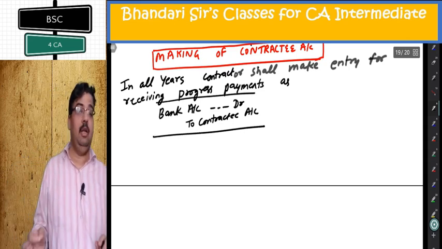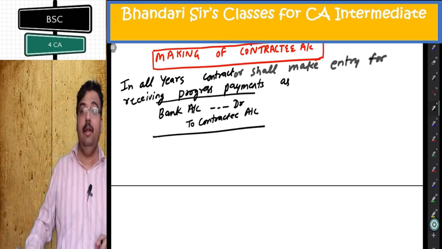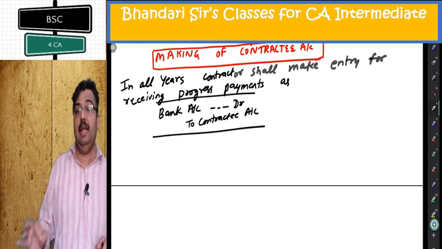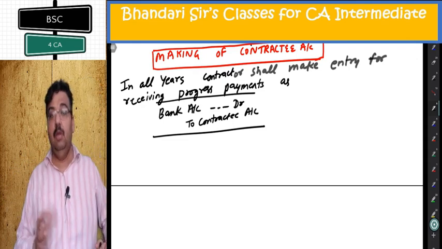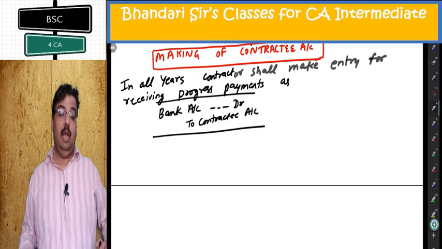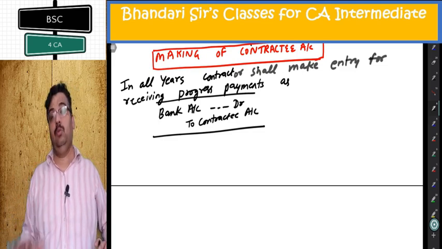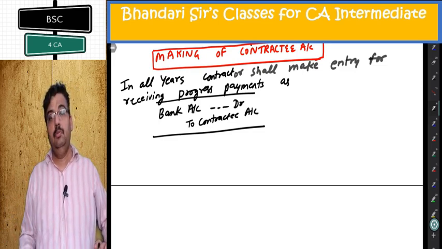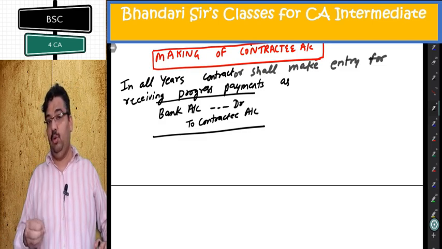Every year, whatever is the work certified, a pre-decided percentage of that will be received. The entry will be bank to contractee account. No other entry is related to the contractee account.